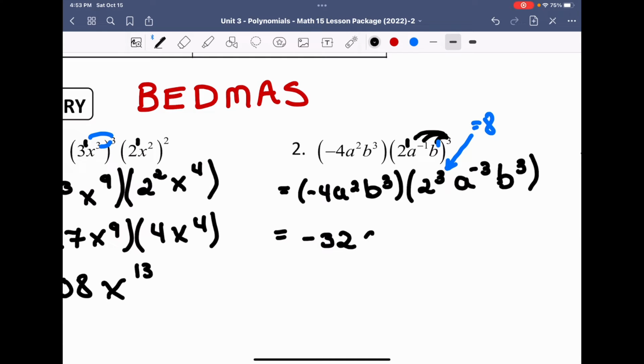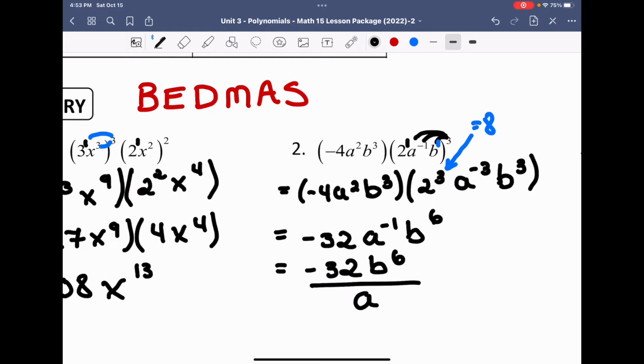I keep the common base of a and go a squared times a to the negative 3 is 2 minus 3. That's negative 1. And then finally, b^3 times b^3, that's 3 plus 3, or 6. So this is equal to negative 32 b to the 6, all over a to the positive 1.